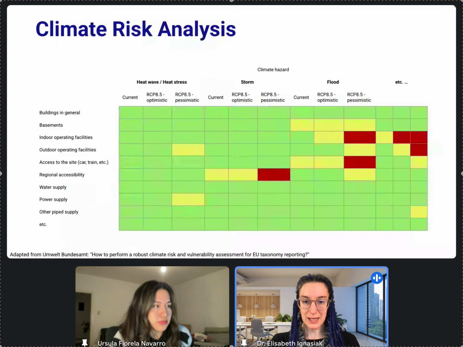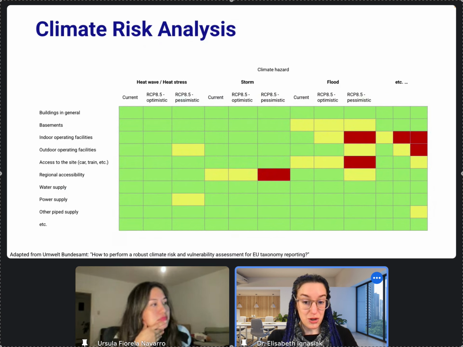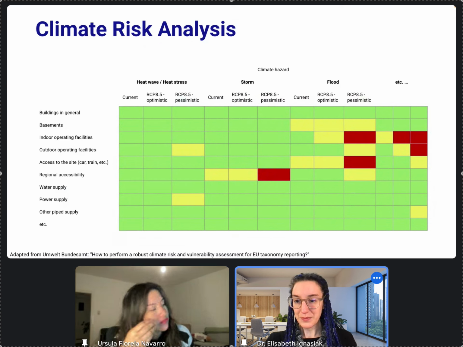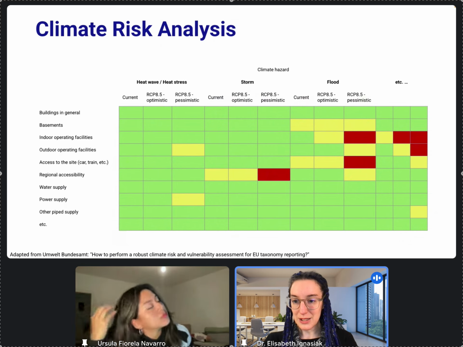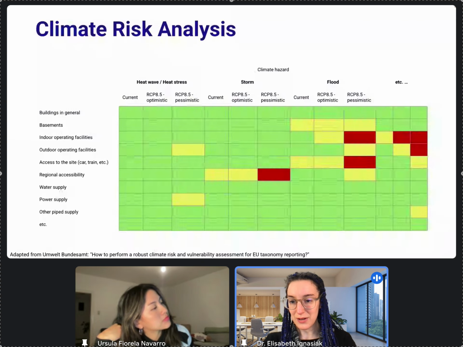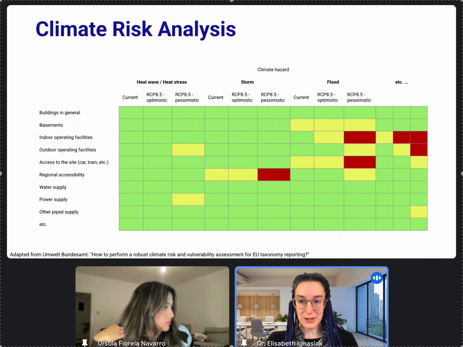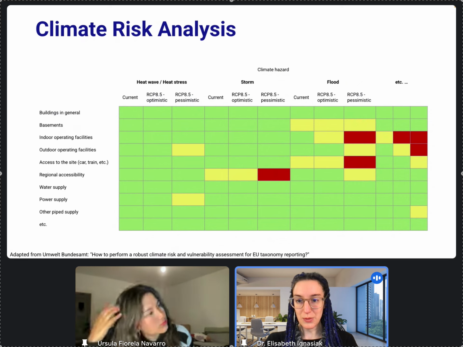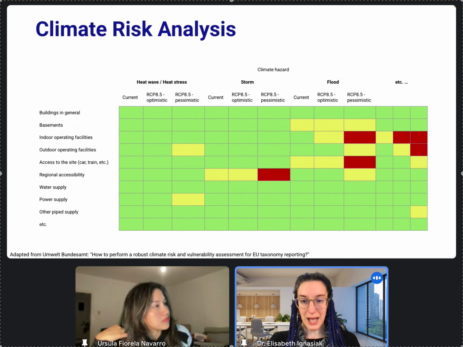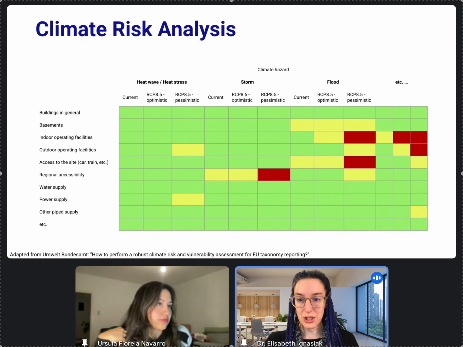And if you go to the next slide, this is what a result could look like. In the rows we have, just in this example, buildings in general, the basement, the indoor facilities, outdoor facilities, whether the water supply is affected, power supply, and so on. And then in terms of the various risks, the hazards, we have heat, storm, flood, looking at the current situation and, in the climate model, an optimistic and a pessimistic scenario.